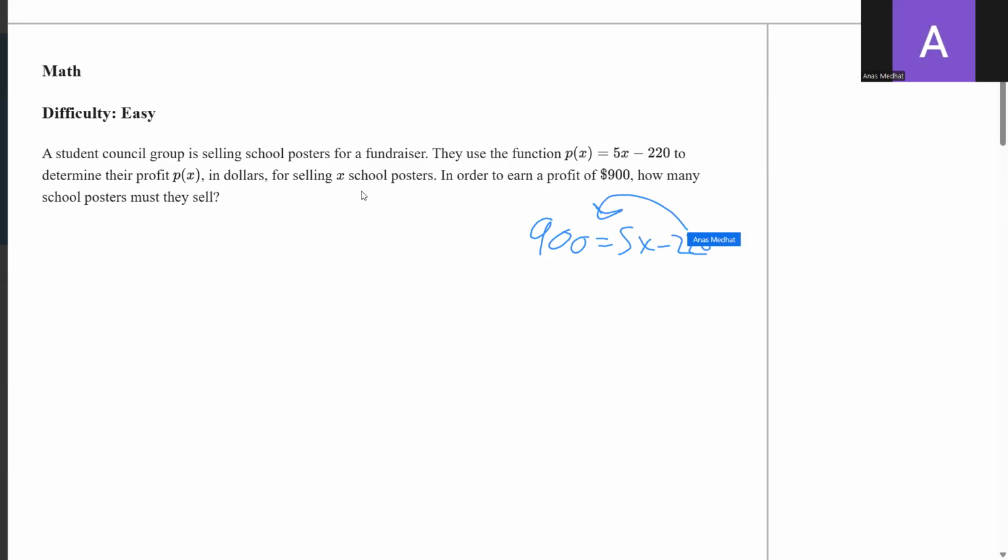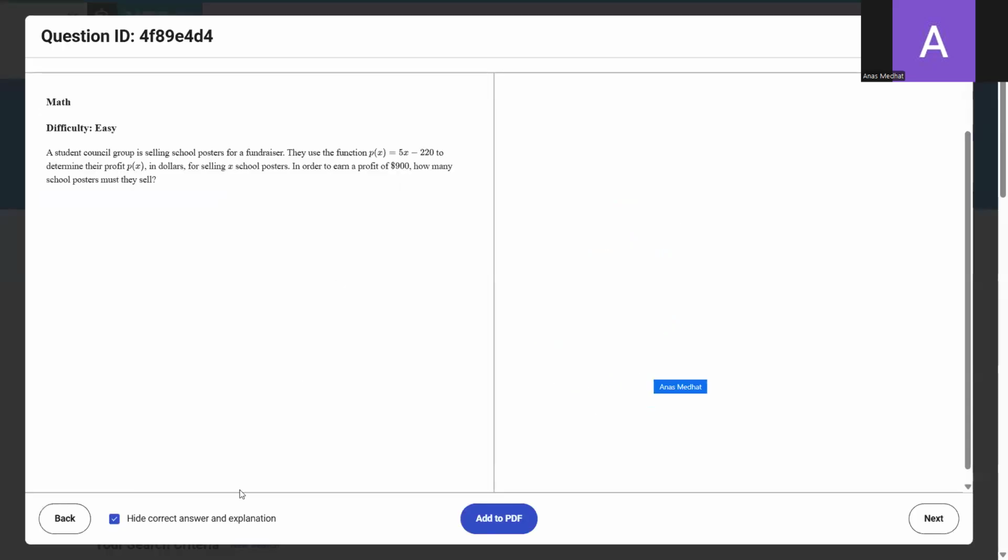Shift this to this side to be 1120. 1120 equals 5X, and divide by 5. 224.